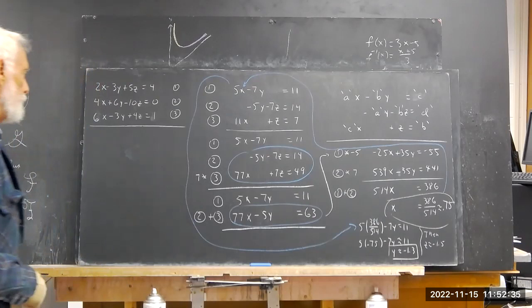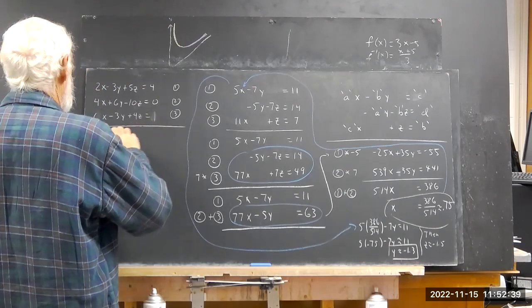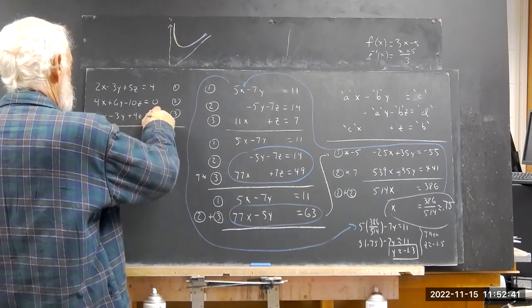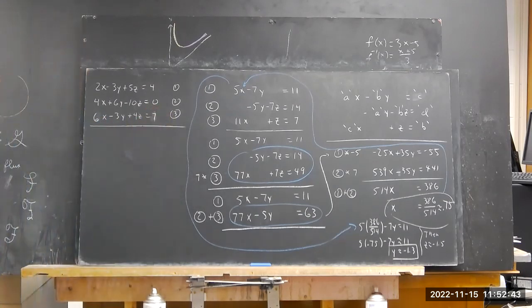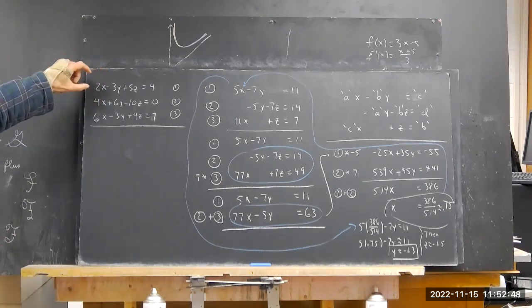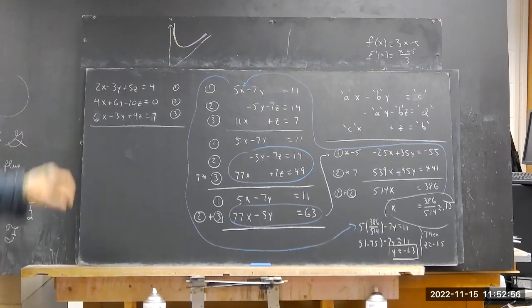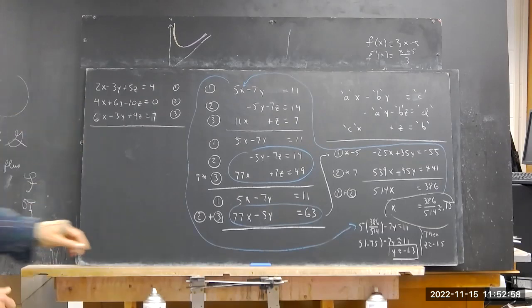And over here I'm going to have 7. Okay. Now, if you look at this, it's easy to eliminate X between this equation and this equation, and also between this equation and this equation. Okay. So see if you can do that.